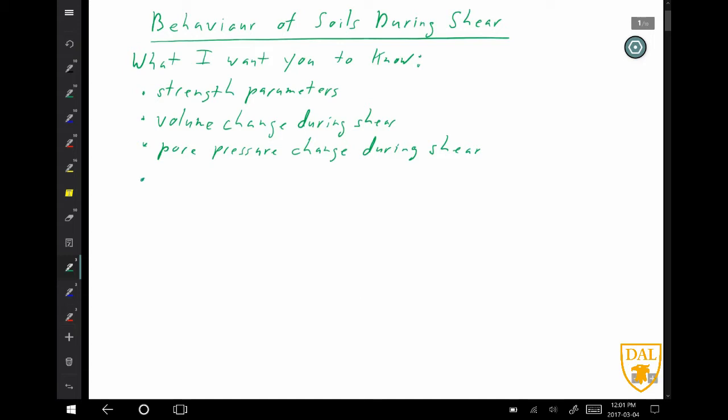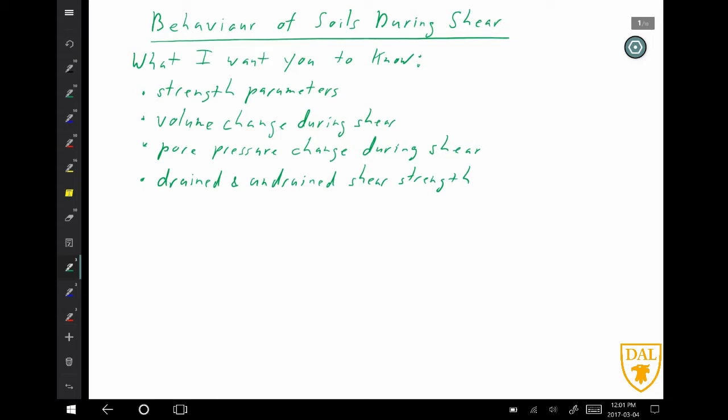Probably one of the most critical is to understand the distinction between drained and undrained shear strength. And this is kind of at the heart of this topic.